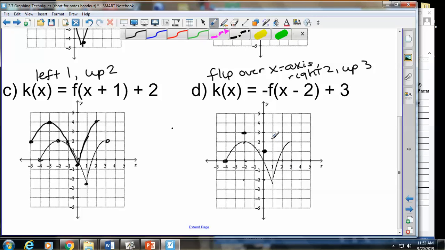It would be a +2.5. Right 2, up 3. Right. And then if I take 3, 2, flip it, it goes down to -2. Right 2 and up 3. So that's our final graph.